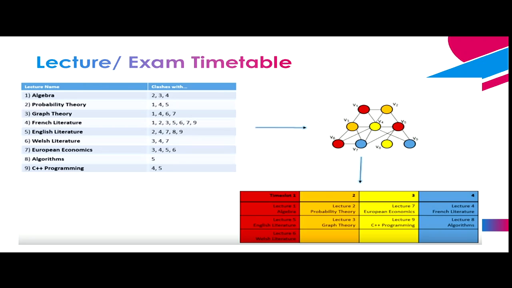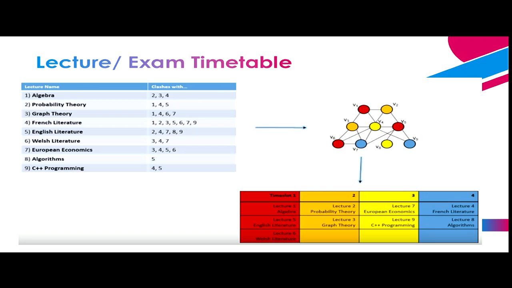The third application is lecture or exam timetable scheduling. If you are a teacher, you want to minimize the time slots, so you can accommodate more classes in one particular time slot. Let's say the first is algebra, and it clashes with probability theory, graph theory, and French literature. So for each of the clashing lectures, we add an edge to the vertex.